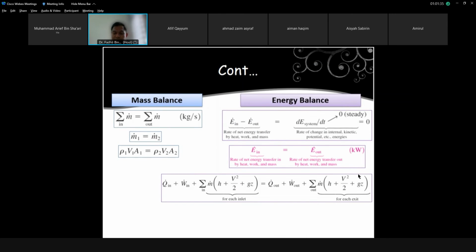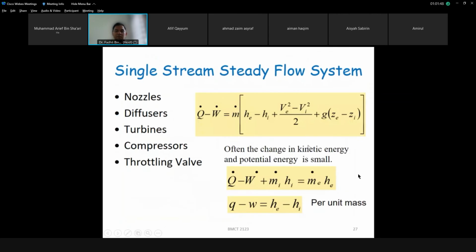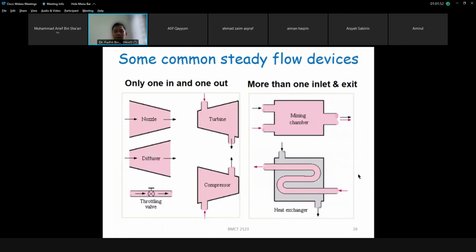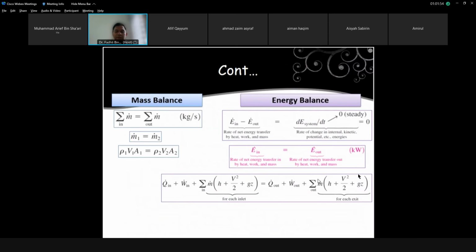So kalau kamu tanya saya, sir, which one should we write, this kind of equation yang panjang ni, or we need to write as this? If you ask me, I will advise you to write this one. This is very clear.